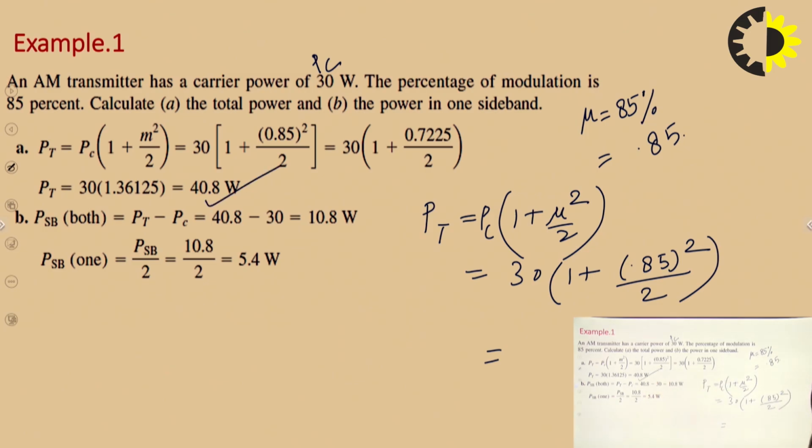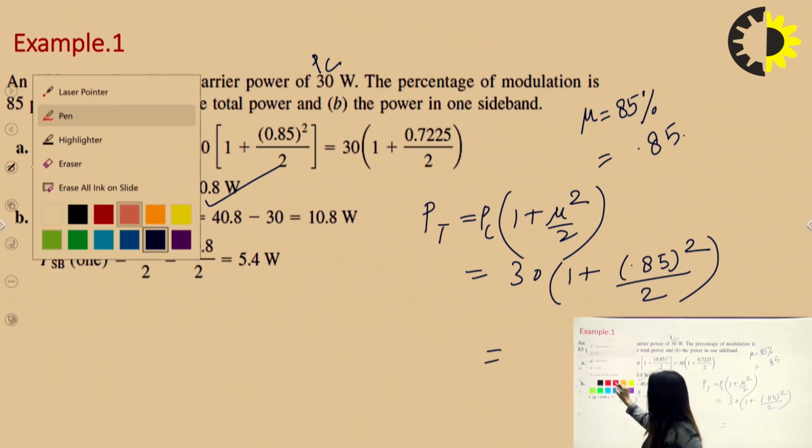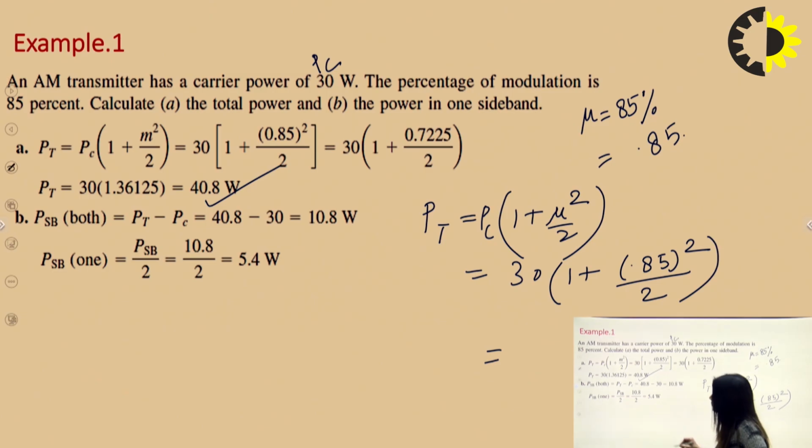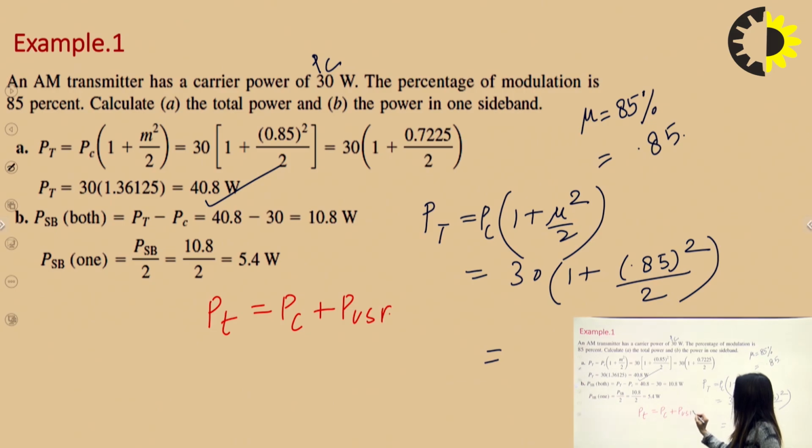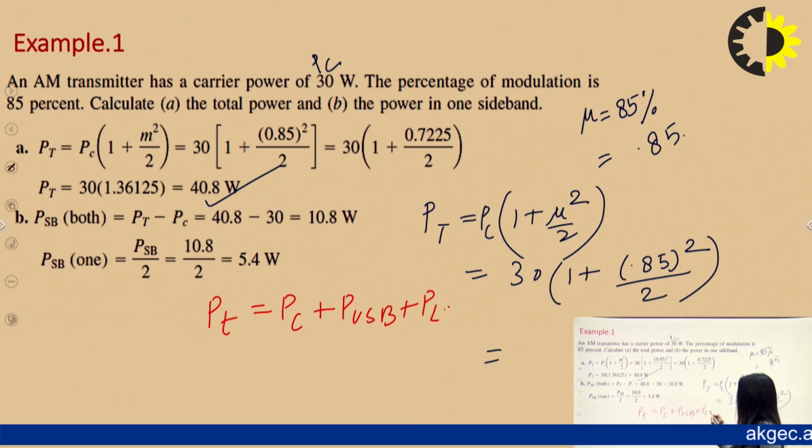The next part of the question is asking for the power of both sidebands. We know that PT is equal to PC plus PUSB plus PLSB.